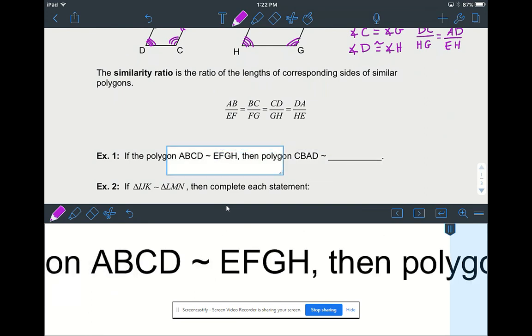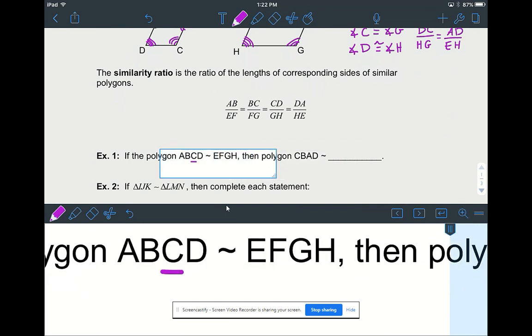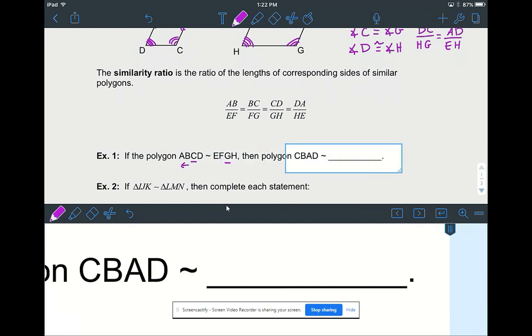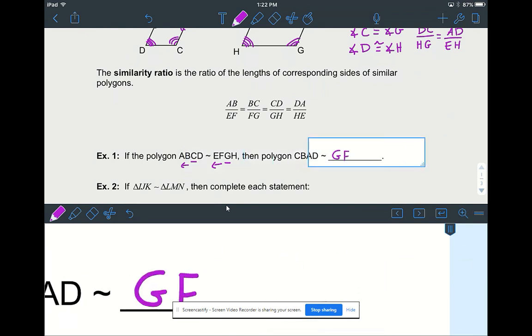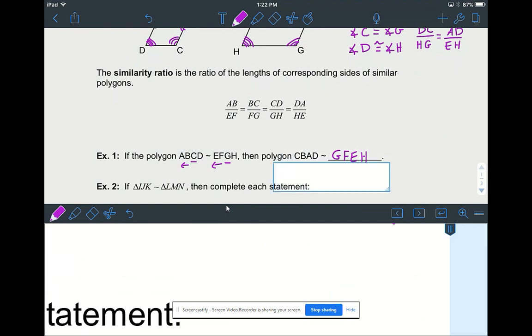So if we are going in order A, B, C, D, and then we change up the order to C, B, A, D, so that starts here and goes backwards, then we have to rename this one starting in the same spot, the same corresponding angle, which would be G, and we have to write the angles in the same order and the sides in the same order. So we have to do corresponding parts. So G corresponds to C, and then B corresponds to F. So F would be next, and then E and A correspond, and then H and D correspond. So they have to be in the same corresponding position whenever you write the name.